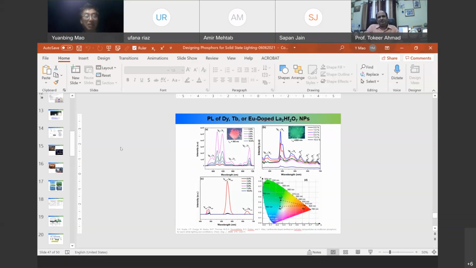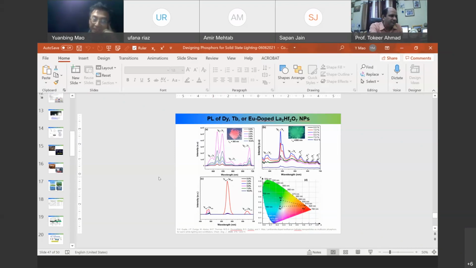From our samples, for example, these doped lanthanide hafnate nanoparticles, we always see these non-radiative processes. I mean, if we can get systems without them, that would be amazing.